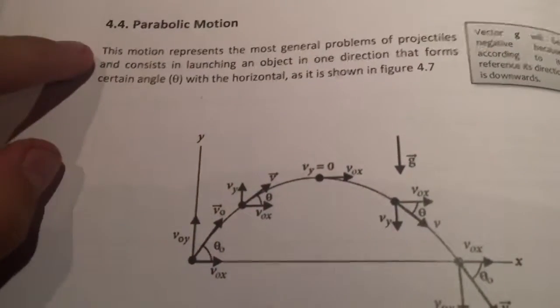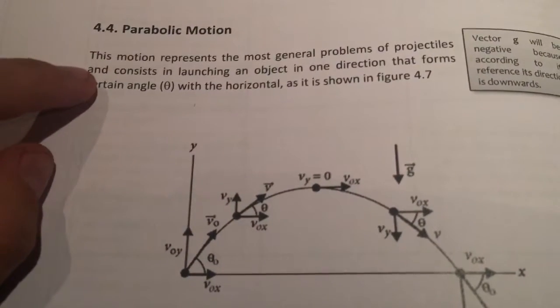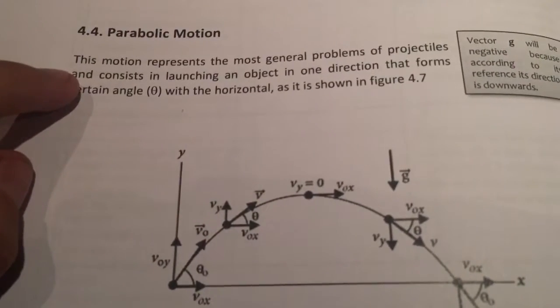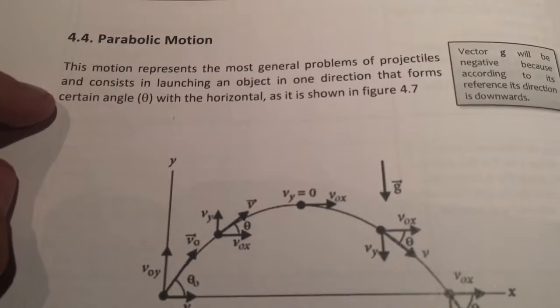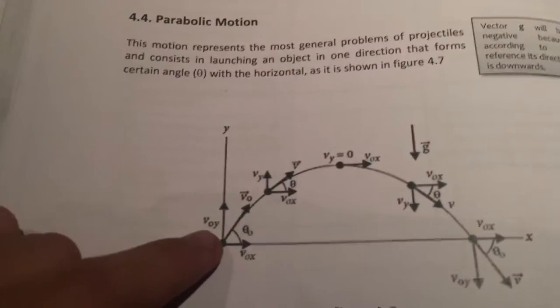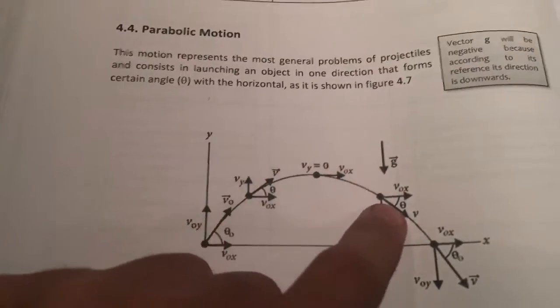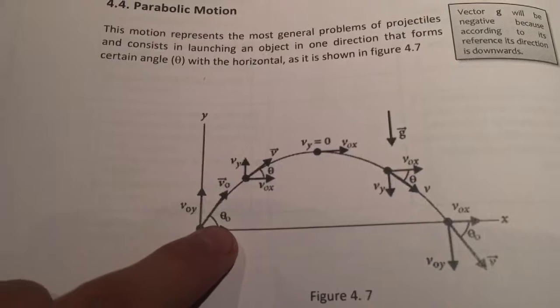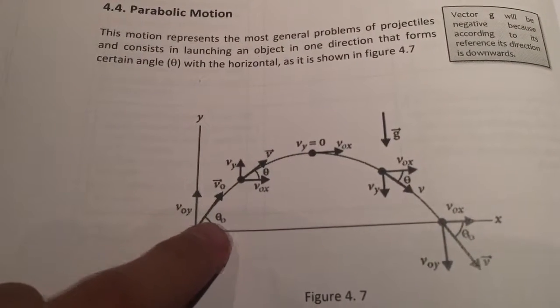Parabolic motion. This motion represents the most general problems of projectiles and consists in launching an object in one direction that forms a certain angle with the horizontal, as shown in this figure. We can see that all of the points in the parabolic throw have a straight vector showing where the throw is going.